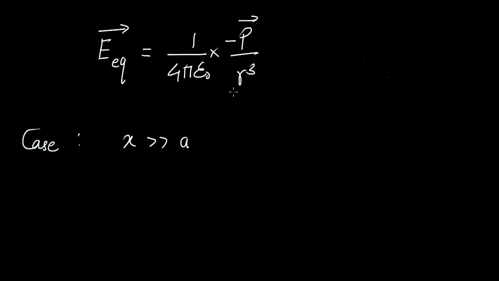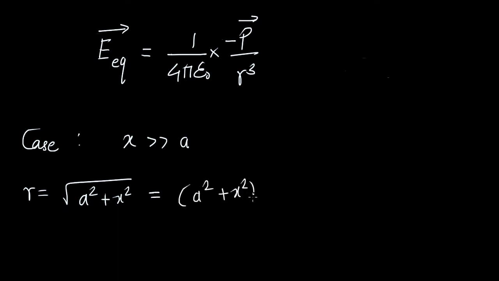So here in this formula we have in the denominator r raised to 3, and r is equal to the square root of a squared plus x squared, which can be written as a squared plus x squared raised to half. And then taking the cube of this, we get r raised to 3 equals a squared plus x squared raised to half raised to 3, which is raised to 3 by 2.